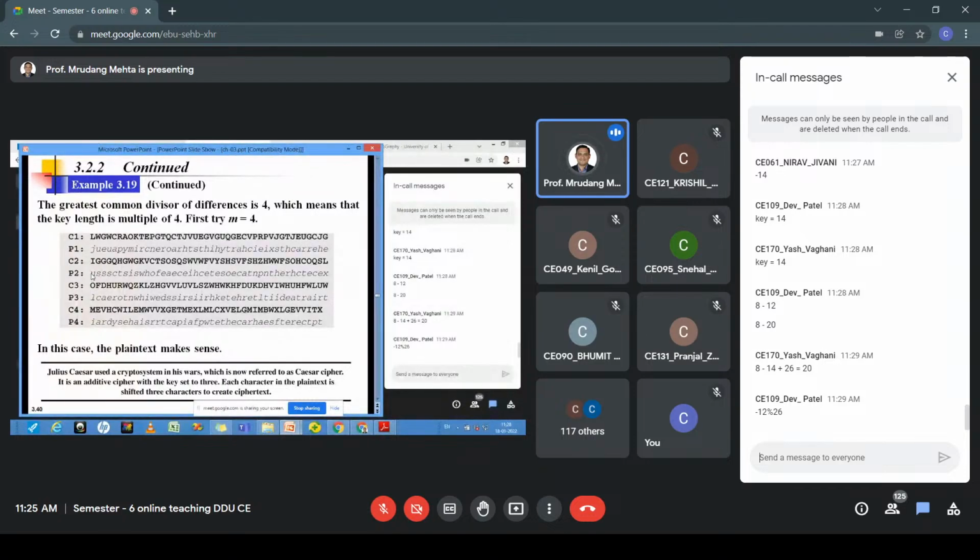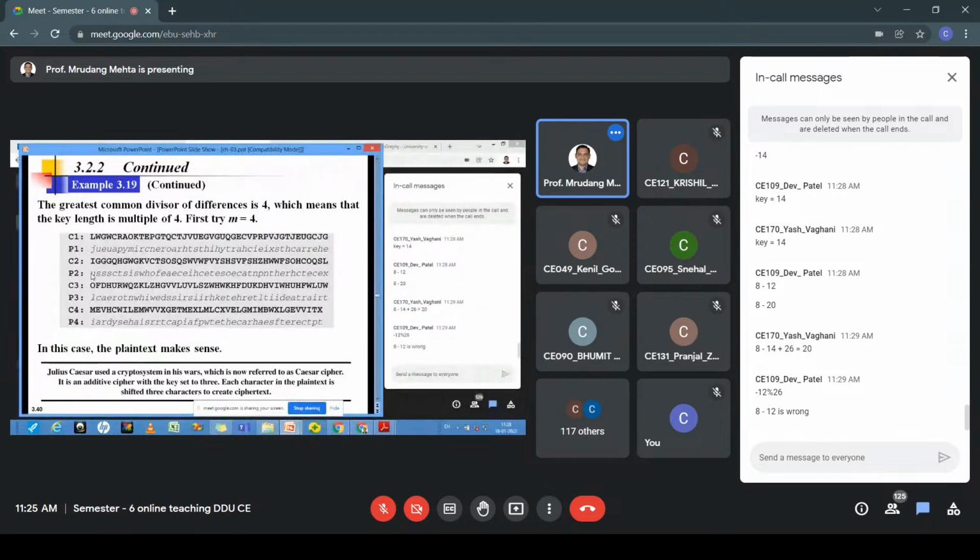Okay. 8, Dev, what are you trying to say? 8 minus 12, 8 minus 20. You can speak if writing is a difficulty. You can use your mic. Okay, 8 minus 12 is wrong.